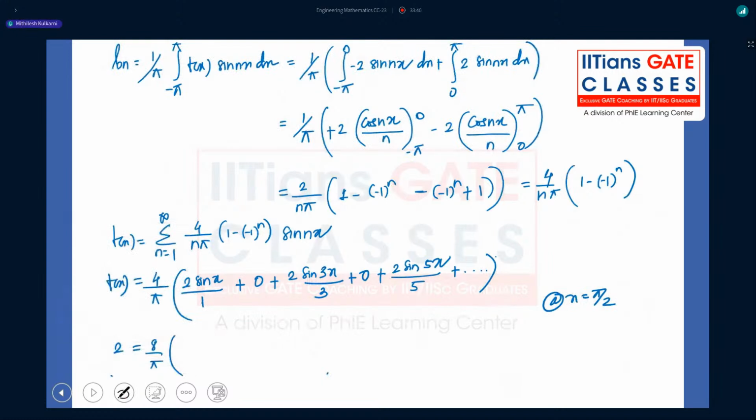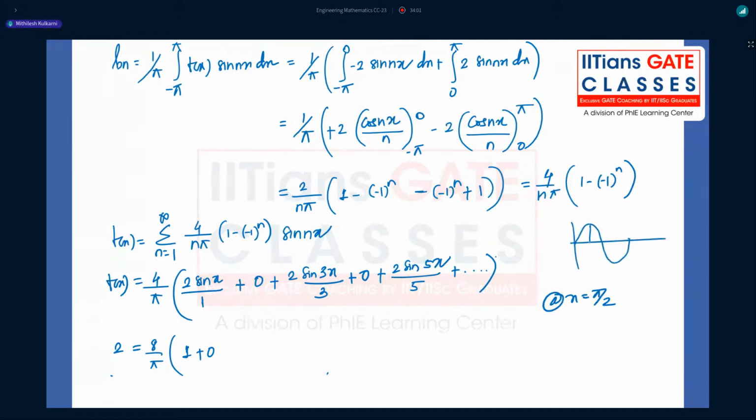Okay, so coming back here, at x equal to pi by 2, sine 90 degree is 1. So first term is 1, second term will anyway be 0. I'll keep it as it is. Sine of 3 into x, so 3 pi by 2. What is sine 3 pi by 2?